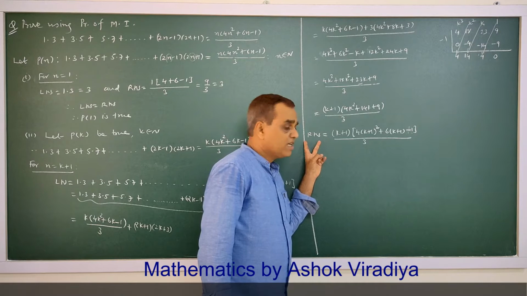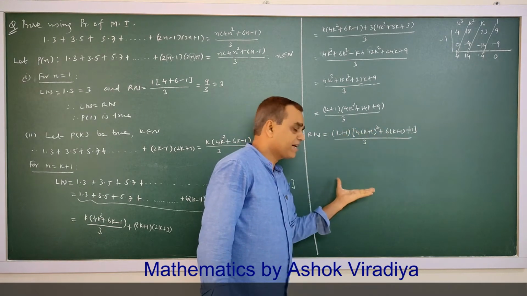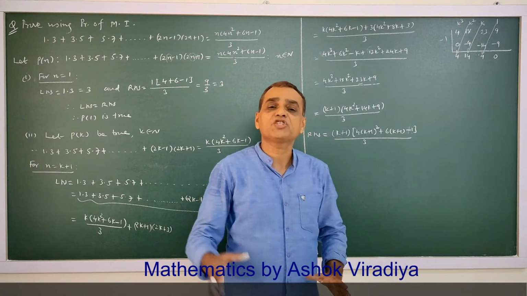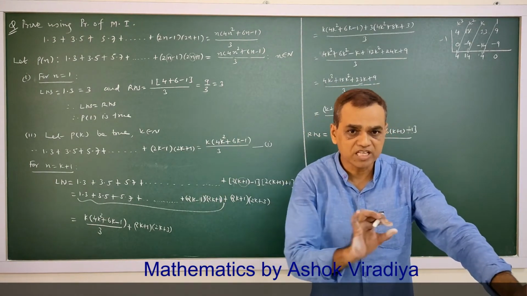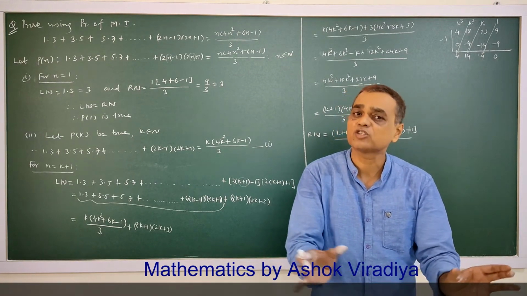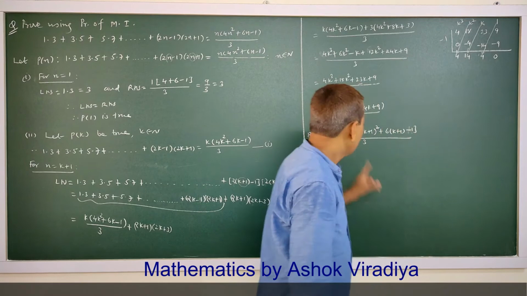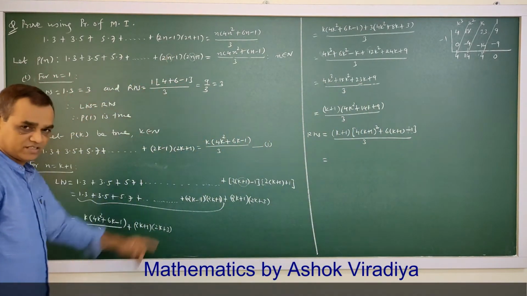In RHS, put n equal to k plus 1, simplify it separately. So simplification of LHS and RHS separately, show their simple forms are equal. So LHS equal to RHS. You can also prove it this way. So here we are simplifying LHS and RHS individually.